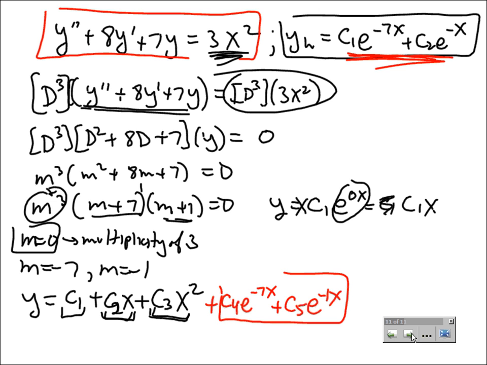Those are the homogeneous solutions, or the solution to the homogeneous equation. So this here is my y particular. And we are going to use the same technique as before by equating coefficients to solve for C1, C2, and C3.